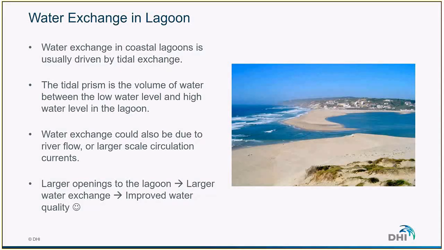In the end, we want to have a sufficiently large opening, so a lot of water is getting in, but we don't want to have it too open because we want to maintain a relatively calm environment. So once again, it's a matter of finding the right balance, but in general, when we have large openings, we have better water exchange and therefore an improved quality of water, which is much better when we want to swim or have some water sports or activities in the lagoon.